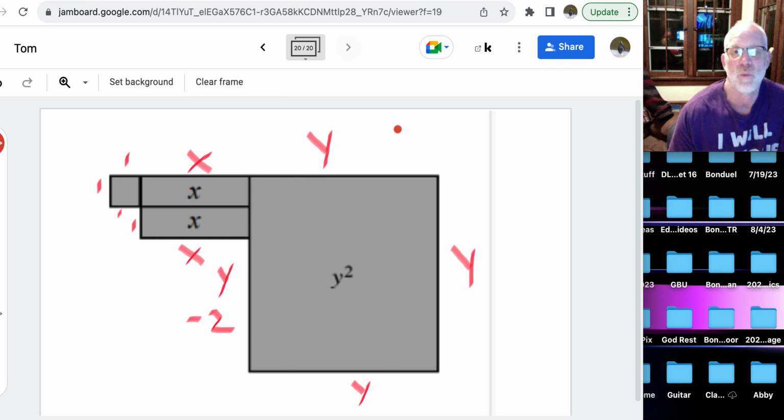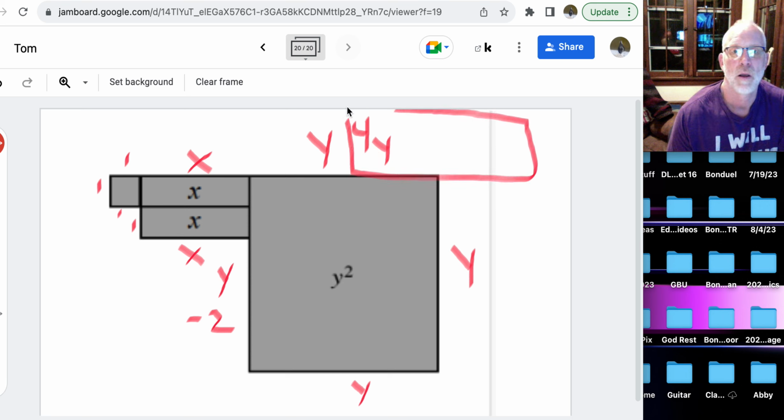So then they said, well, what do we have? Well, we have 4 y's, and then we have 2 x's, 2x, and then we have 1, 2, 3, 4, but then we have to subtract 2. So it was 4y plus 2x plus 2.